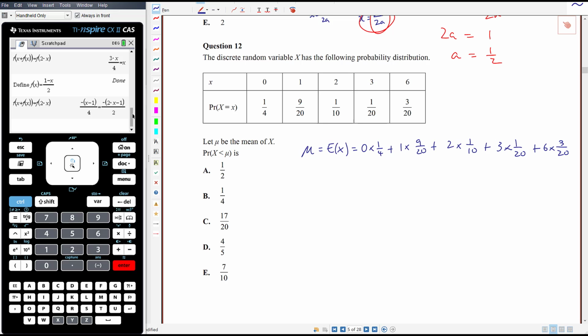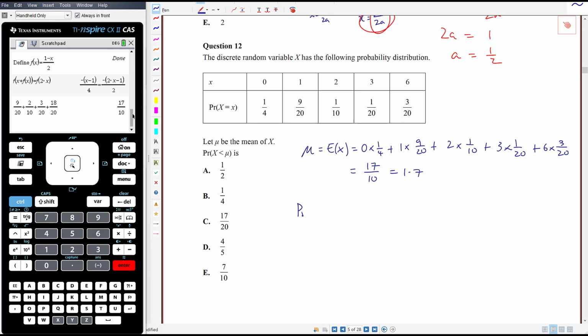Okay, so we can probably get our CAS to do that for us. So 9 on 20 plus, so I'm skipping the 0, 2 on 10 plus 3 times 1 on 20 is 3 on 20 plus 6 times 3 on 20 is 18 on 20. Okay, so the mean is 17 on 10, or 1.7.